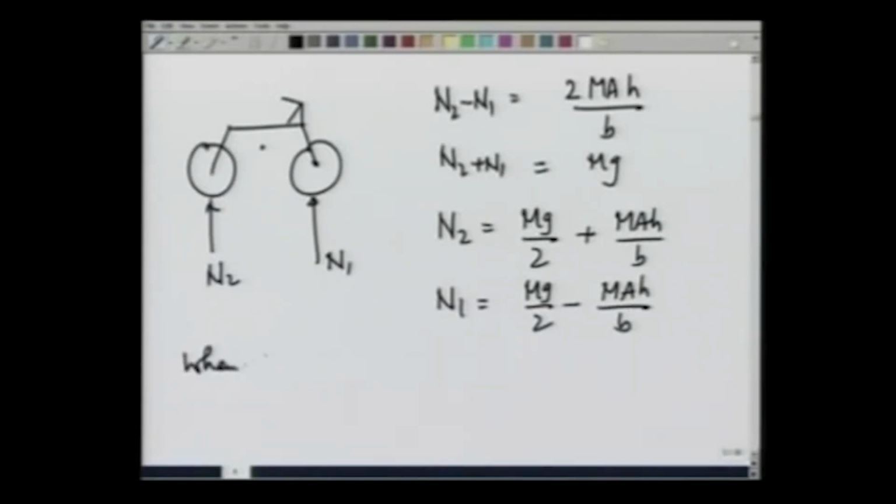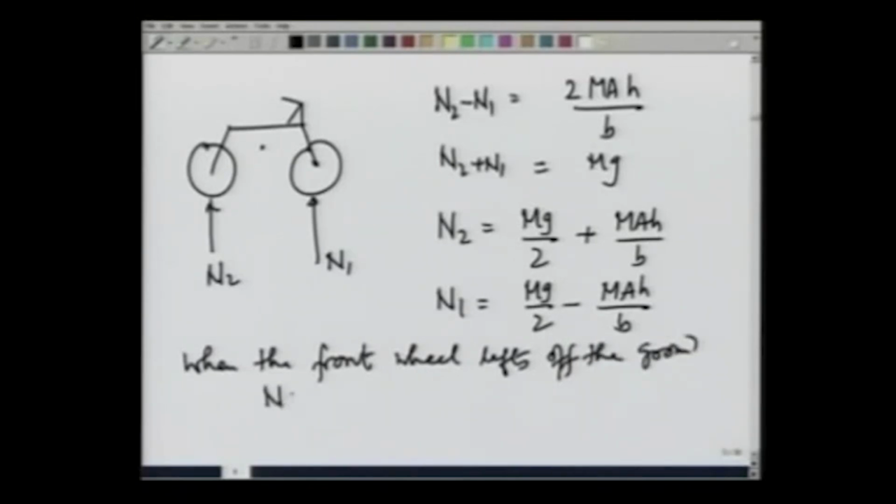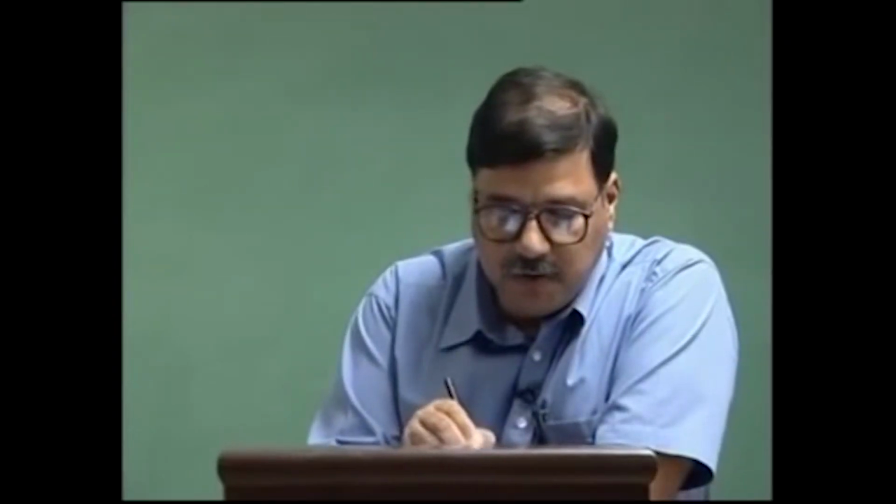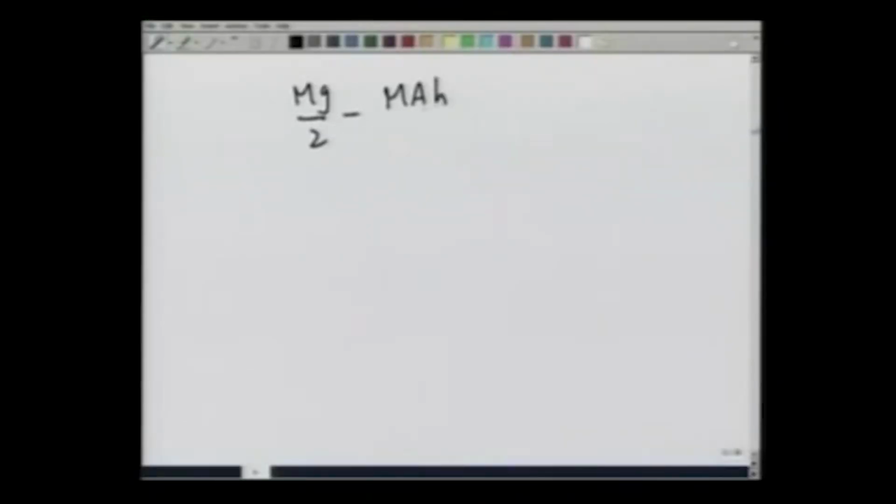When the front wheel lifts off the ground, N1 equals 0, and that gives you mg over 2 minus mah over b equals 0. m drops out, and therefore A equals gb over 2h.